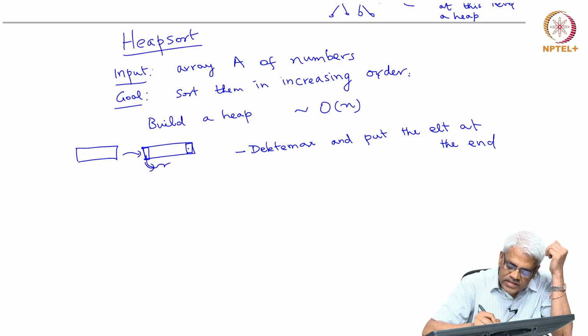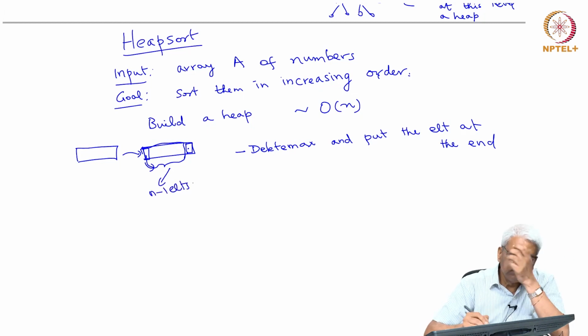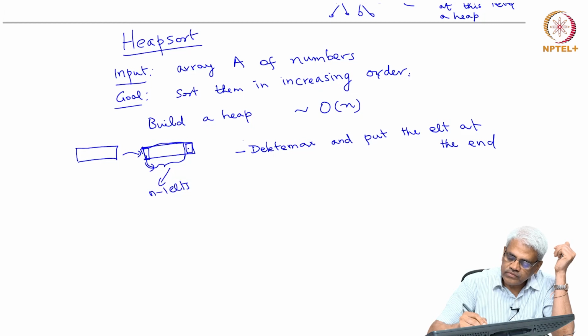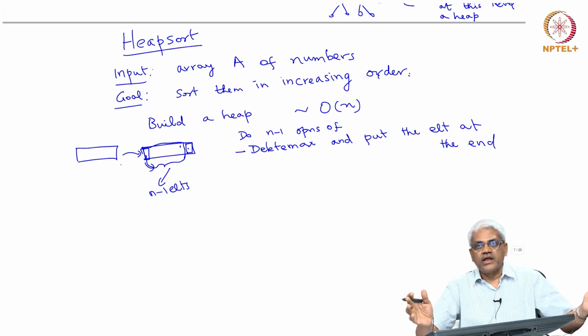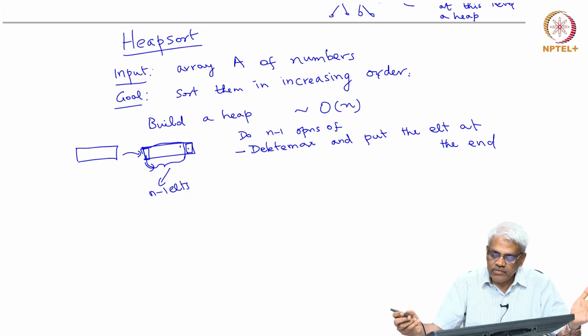Now look at this heap, this is a heap on n minus 1 elements. Keep doing it. I do a delete max, that will remove the next element and put it here, and then I look at the n minus 2 elements, do a delete max, put it here, and at the end of it my array will get sorted. And how much time have I taken?